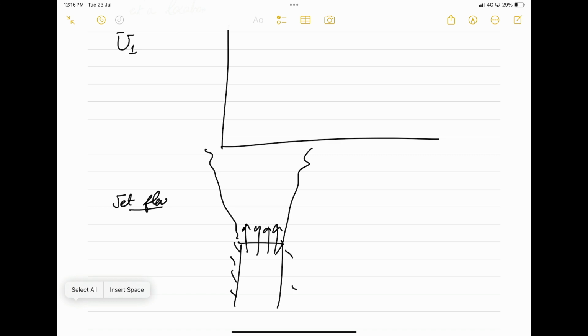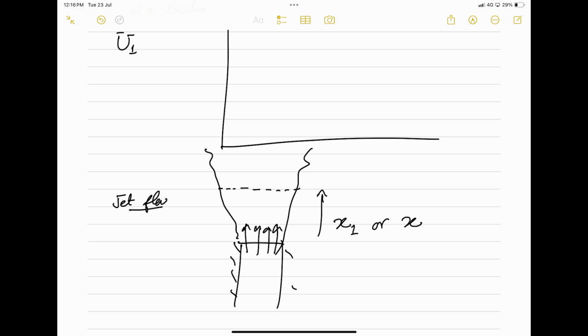So let's say this is like a chimney from where flow is coming out, smoke or whatever airflow is coming out. So this is what we call as a jet flow, and at a particular, so this direction here is x1 or x.